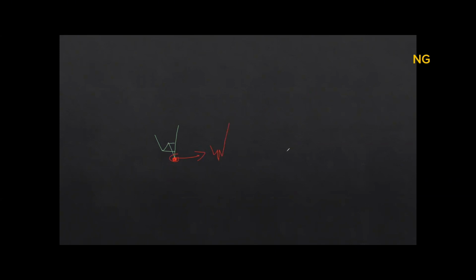Sharing a structure point. That is happening here. Okay, sharing a structure point. So we got green and red sharing this low right here. And sometimes they might even share the highs, but it goes vice versa. It goes both sides.